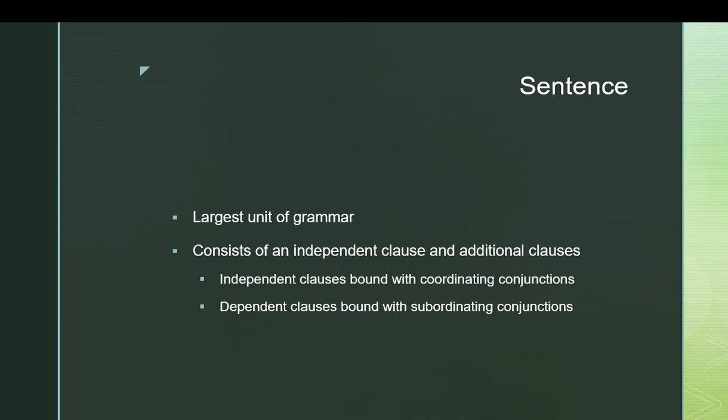These include more independent clauses, which are bound with coordinating conjunctions like and, or, but, or in English, you can also count sentences bound with semicolons. A semicolon acts like a coordinating conjunction, but is not said out loud. But this is not something we have to worry about with Egyptian, because Egyptian does not have any punctuation. And then you have dependent clauses bound with subordinating conjunctions that can also be attached to your independent clause, either before it, after it, whatever.